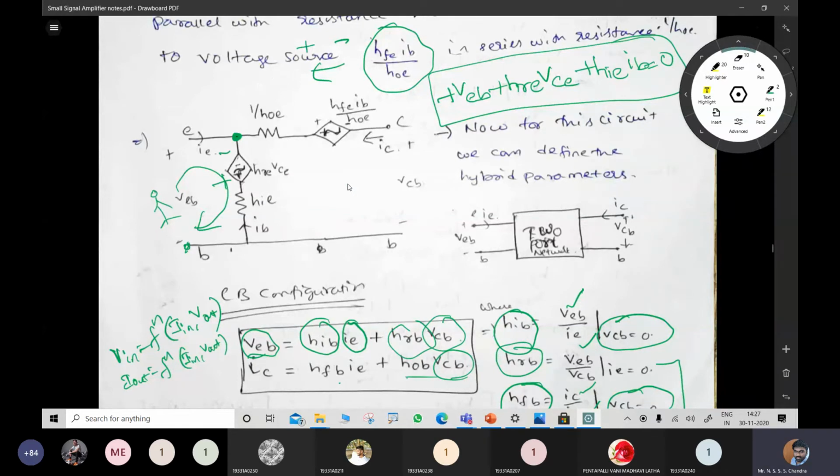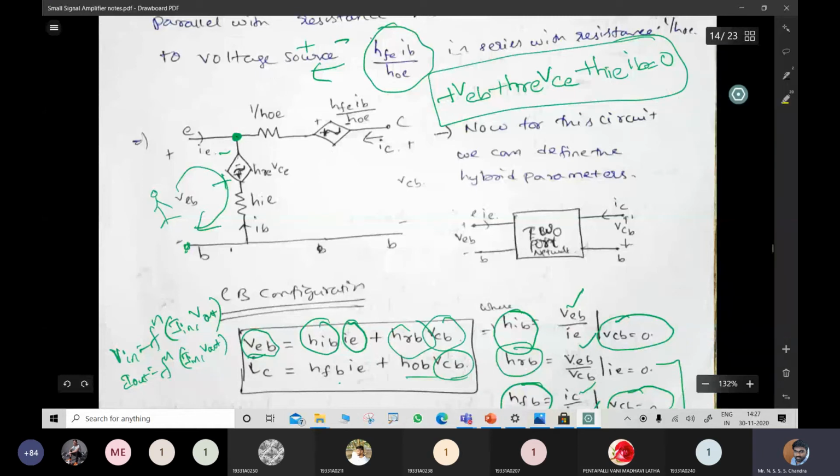You can start from here. You can go in this direction, in anti-clockwise manner. If I start from the base, first it is plus VCB. Next it is minus to plus, HFE IB. This is also a voltage source.